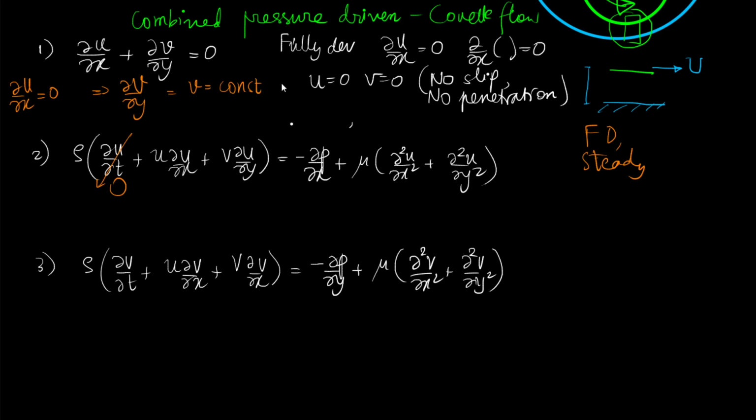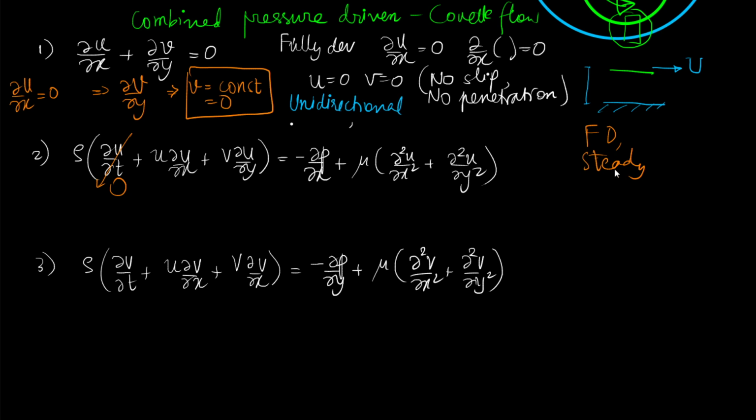I mean, v could be only a function of x, but because it's a fully developed flow, v cannot be a function of x. So v is a constant, and because v equals 0 at the walls of the domain, the constant is equal to 0. So v equals 0 everywhere. So it becomes a unidirectional flow. There is no other component of flow apart from the flow in the x direction.